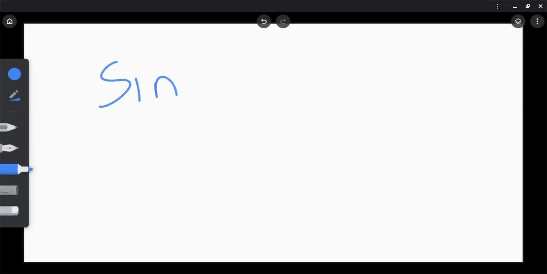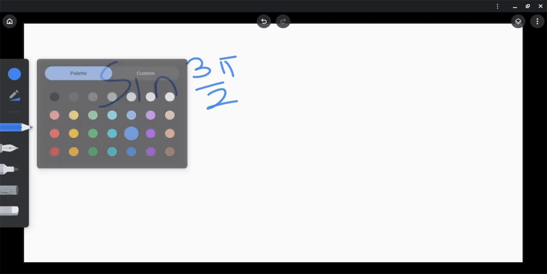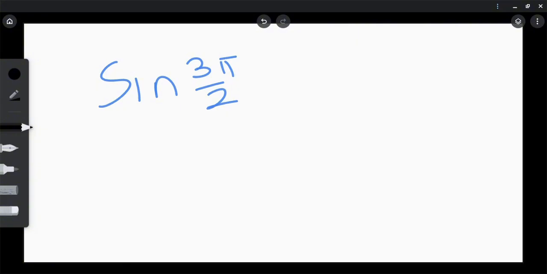What's sine of 3 pi over 2? You have to remember, sine represents y. So y at 3 pi over 2 is negative 1. Why is this? You just have to draw this. If you want a visual to help you out, you draw this.